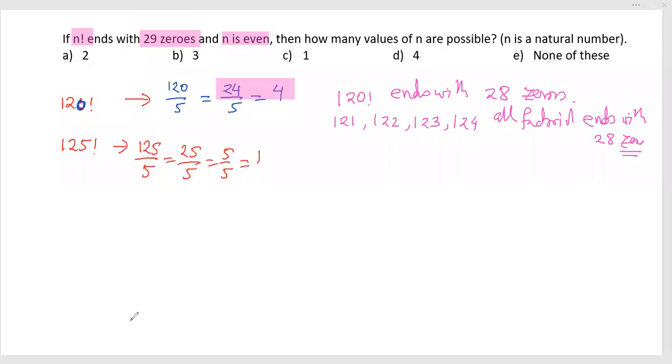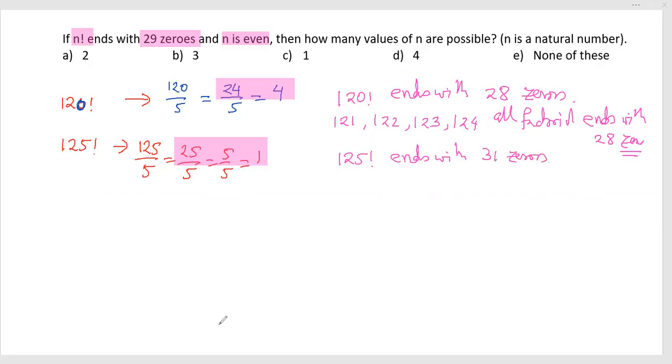In this case, I get 25 plus 5 plus 1. So the next possibility after 124 factorial is 31 zeros. So 125 factorial ends with 31 zeros.